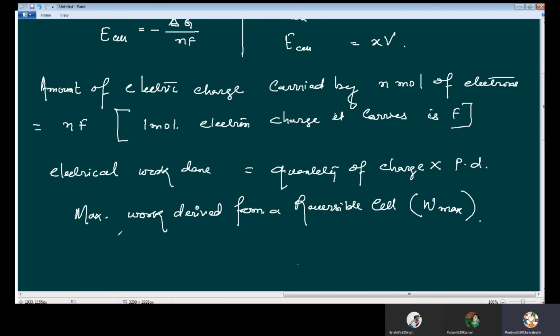It is equal to the quantity of electricity times the EMF of the cell.